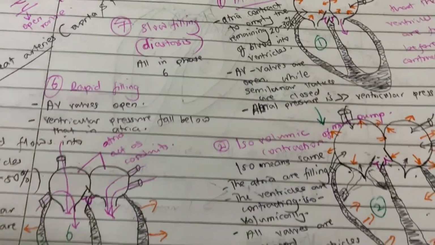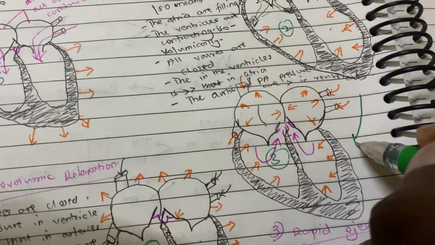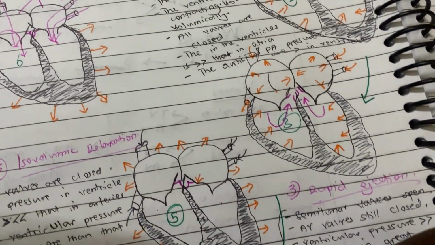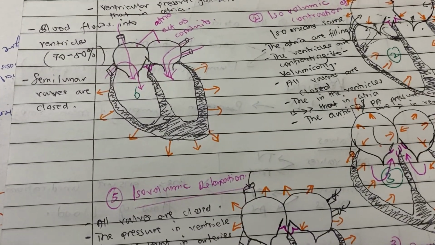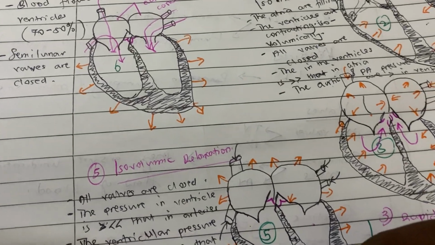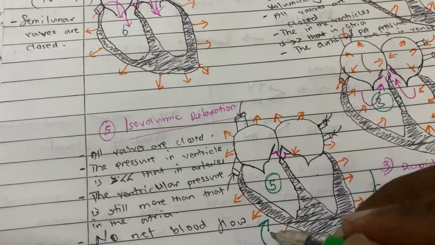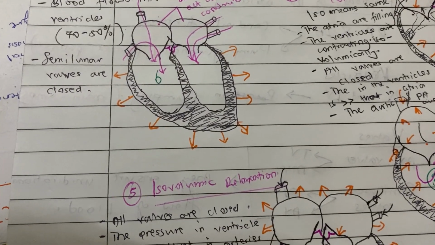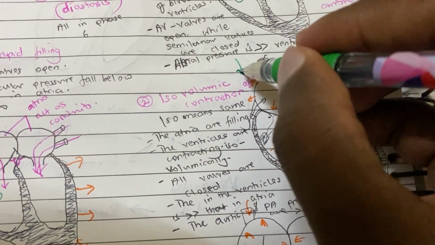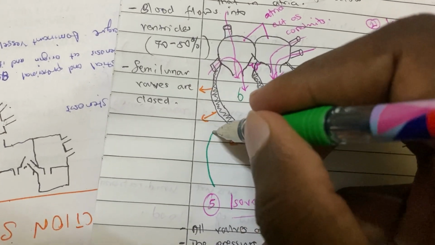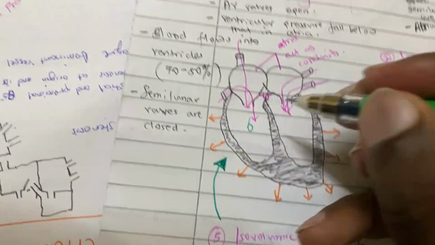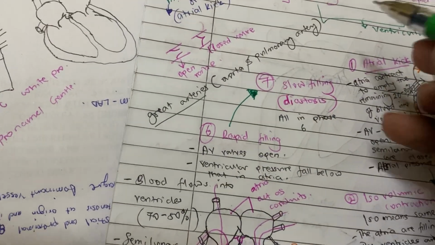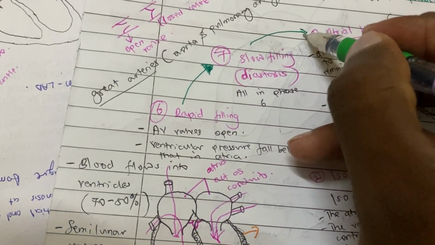This arrow goes from 1 to 2, 2 to 3, 3 to 4, and then 4 to 5, and then 5 to 6, and then 6 to 7, and then 7 to 1.